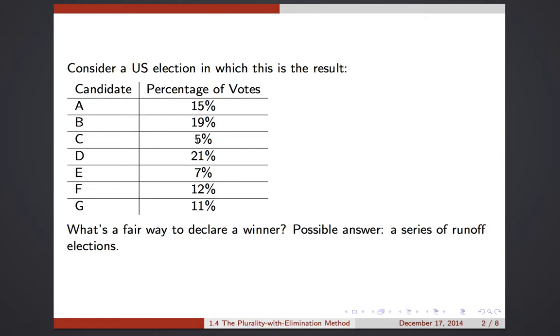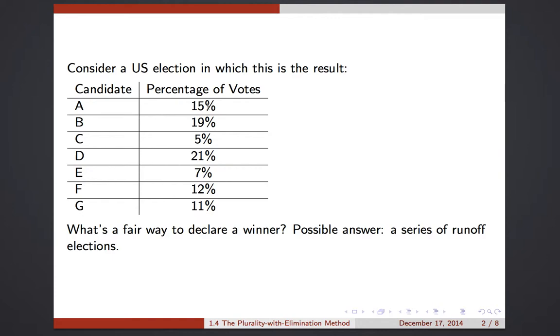And these 5% of people who voted for C may or may not show up again, but suppose they all show up and they all like candidate B. Well, now candidate B would jump up to 24%, which would make him better than candidate D. But the point is we just don't know until we do the election what these 5% of voters want. Suppose that these 5% of voters all voted for candidate A next.